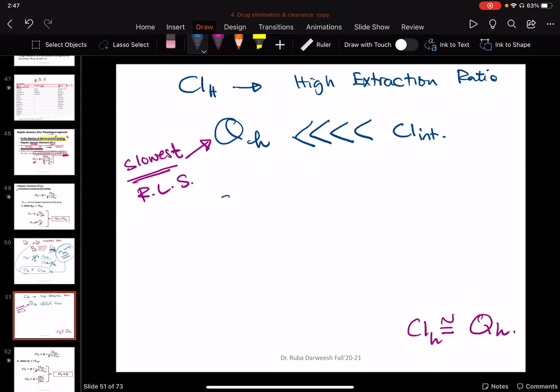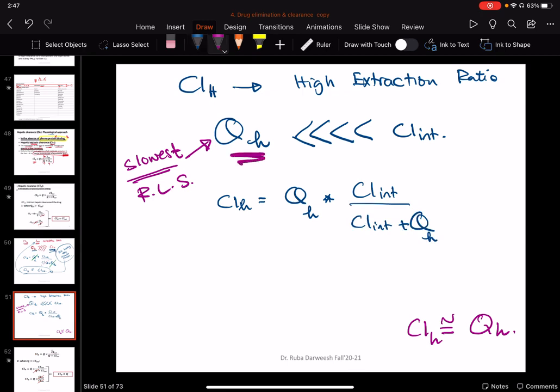If the hepatic clearance equals the hepatic flow multiplied by the intrinsic clearance over the intrinsic clearance plus the hepatic flow, okay? If the hepatic flow is very low, then we can ignore it or neglect it because it's very low.